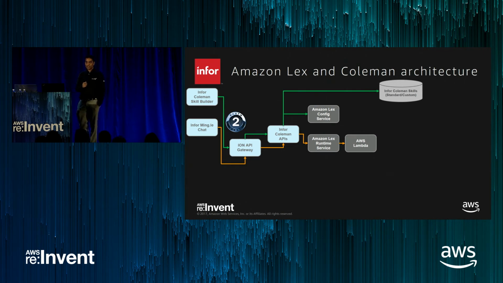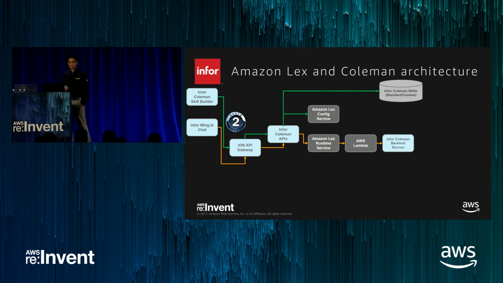But in this particular case, what we have done is use one Lambda function to fulfill all skills from all customers in a specific region, so that our customers don't have to go through the complexity of writing Lambda functions to fulfill their incoming requests. So irrespective of the intents or the utterances of the customers, however many intents they want to use, there is one Lambda function with which we process all the requests.